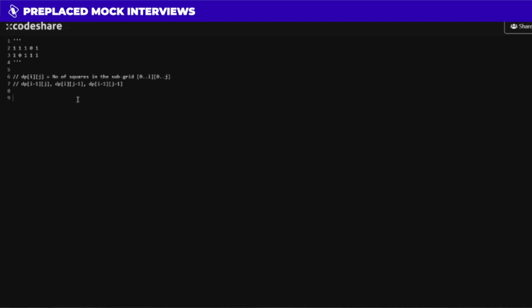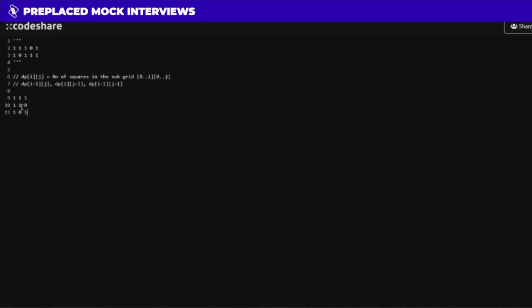One more idea is, to form dp i j, I'll need to check the row i and column j, and if all of them are ones, then I could extend it to dp of i j. For example, 1 1 1 1, and then I have 1 0 0 1.